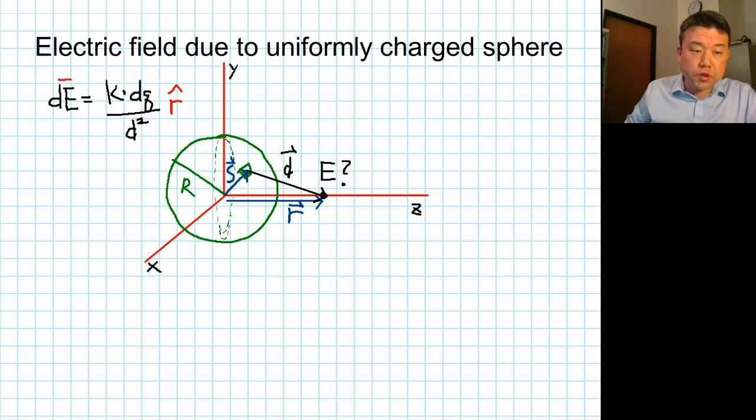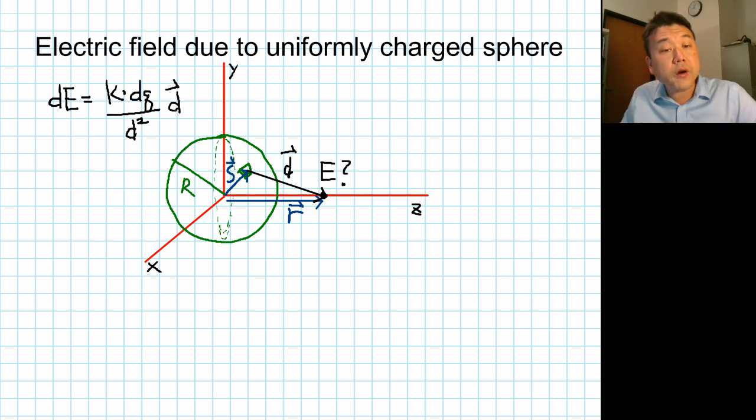It is going to be a vector, but what's special about this r hat is that it's the vector going along the direction of d. So let's replace that with not r hat, but d. That'll give me the correct direction for this small contribution to the electric field.